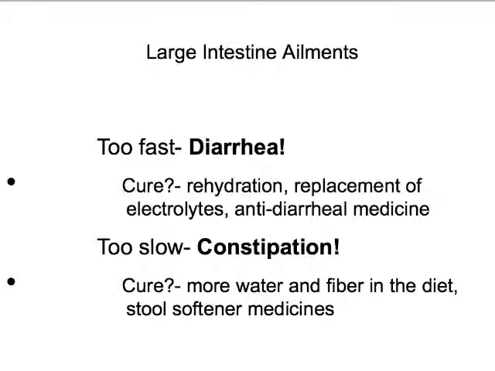So if food is moving too fast through the small and large intestines, for whatever reason, the body wants to get rid of it. There's been some kind of contamination, bacteria found in it, so the body wants to get rid of it. You get diarrhea, very watery poop.